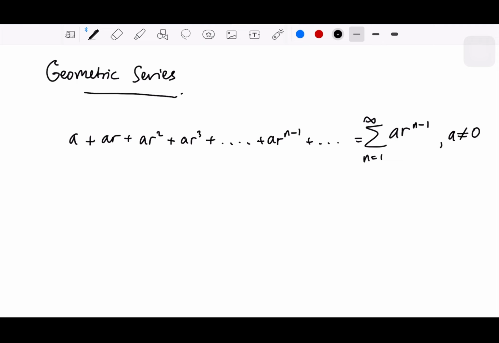We can also think of the Zeno paradox from the previous one as a geometric series, with R equal to half. Remember the Zeno paradox. This is A is half and R is half.